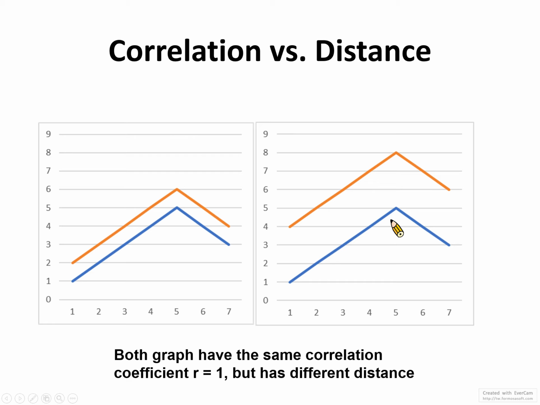But you can easily see that there are differences between these two orange and blue comparisons. For example, the distance in this case is smaller than that in this case. So that is the major difference between the correlation and the distance.